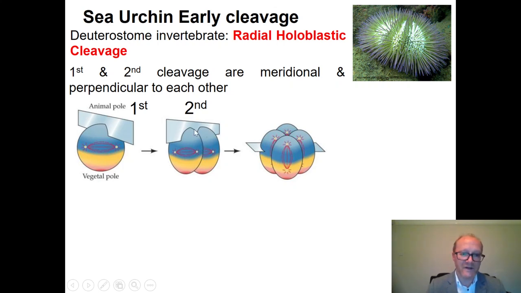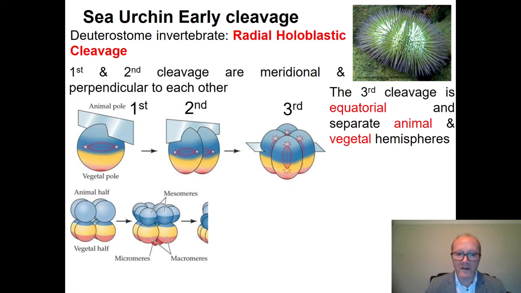Then the second cell division is perpendicular to the first one and is also meridional and produces these four nice looking cells. Now the third cell division is equatorial and produces two groups of cells, four on the top that are part of the animal pole, and four on the bottom, which are the cells of the vegetal pole or the vegetal half.